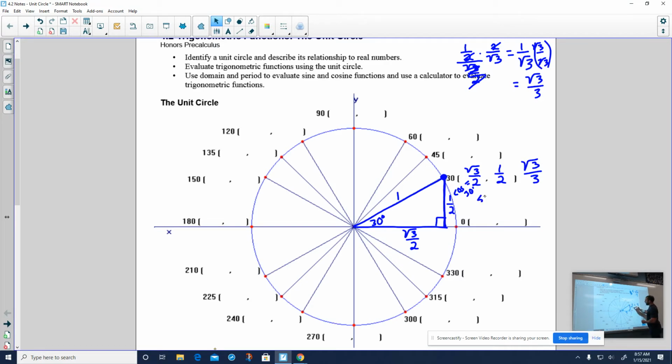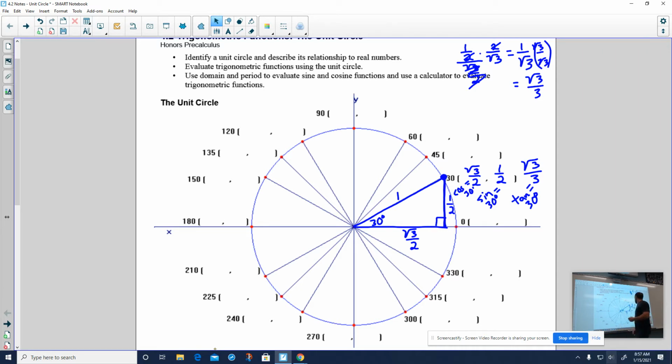So sine of 30 equals 1/2. And then tangent is going to be y over x. So tangent of 30 degrees is going to be 1/2 over square root of 3 over 2, which we just worked out the algebra to, comes out square root of 3 over 3. That's how you're going to use the unit circle.